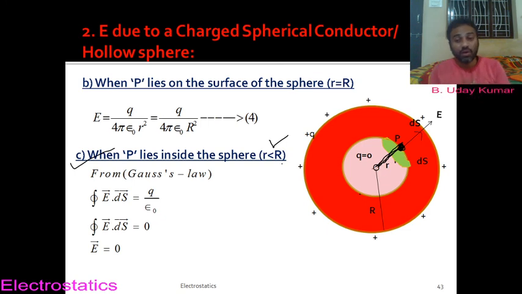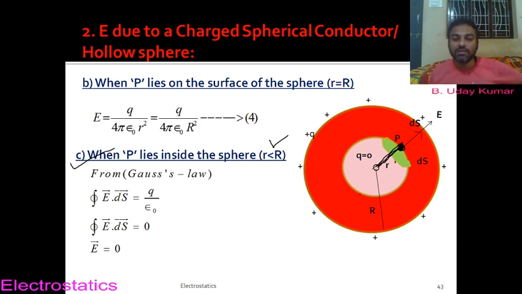Anyway, you already know how to find the electric field intensity. You have to construct a symmetrical Gaussian surface which passes through point P, then choose a small element ds, find the directions of E and ds, and write the formula for flux. Again, the same things are repeated here, so we need not do everything again and again.